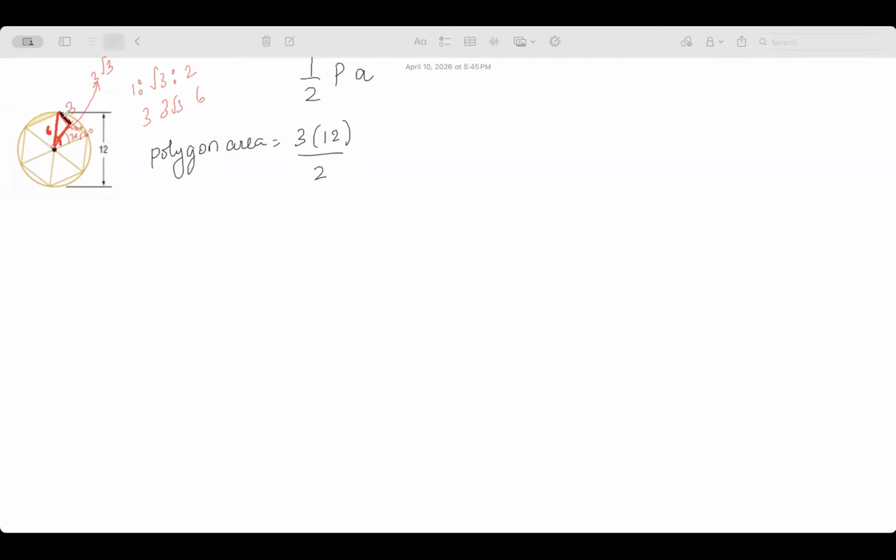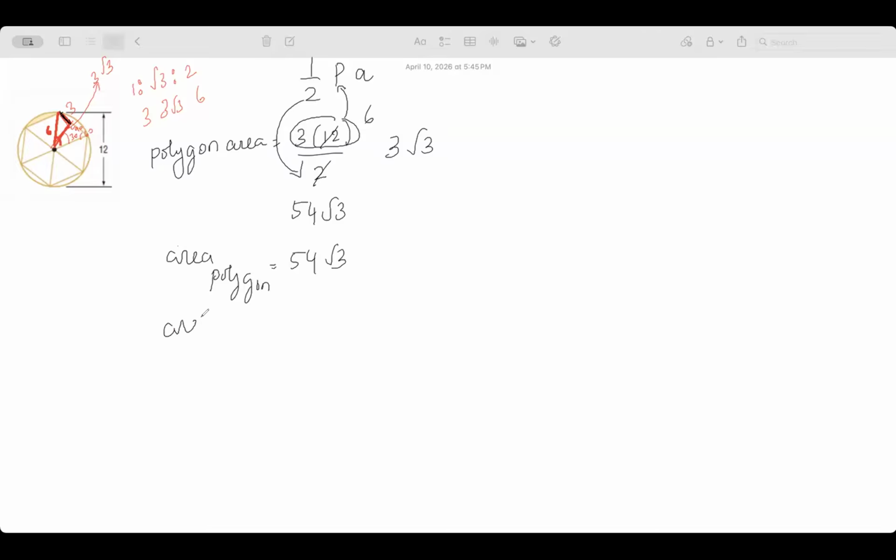Perimeter is 3 times 12. That's the perimeter. The divide by 2 is here. What is the apothem? Apothem is 3 root 3. Having said this, 9, 6, 9 are 54 root 3 I'm getting. So area of polygon is 54 root 3.